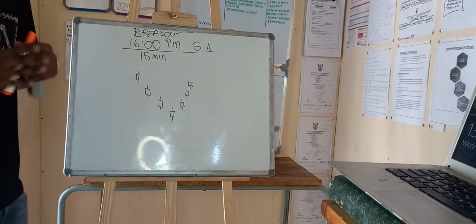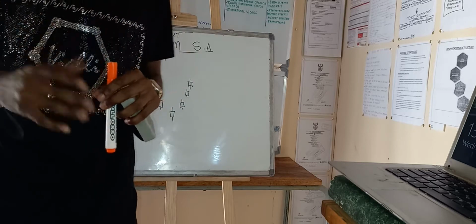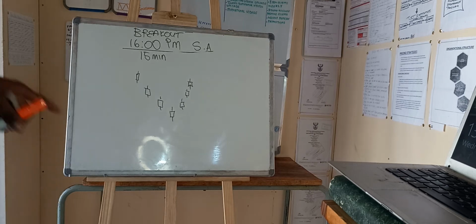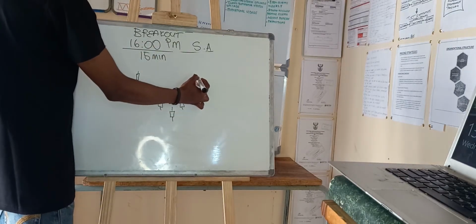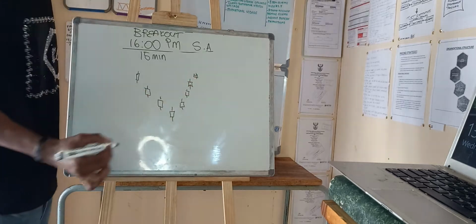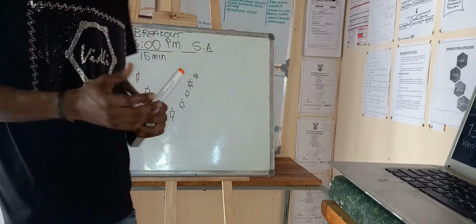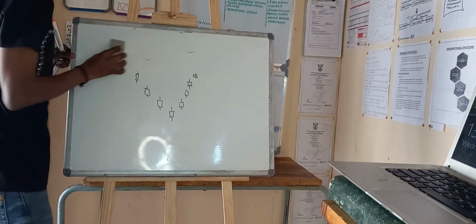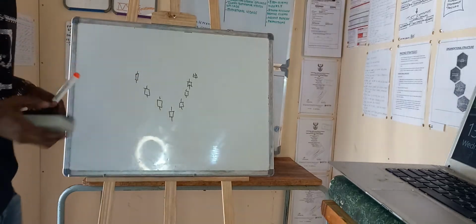So the most important thing is, remember, at 4 o'clock when you are looking for a breakout, you have to identify the lowest candle of the day and the highest candle of the day, or the lowest candle of the New York session and the highest candle of the New York session, right? Remember, we are only trading the New York session.